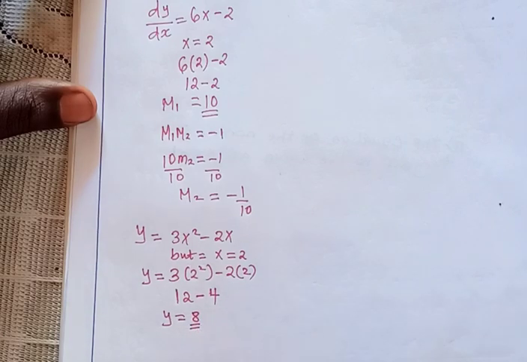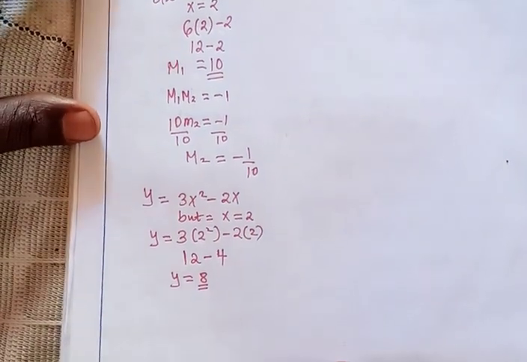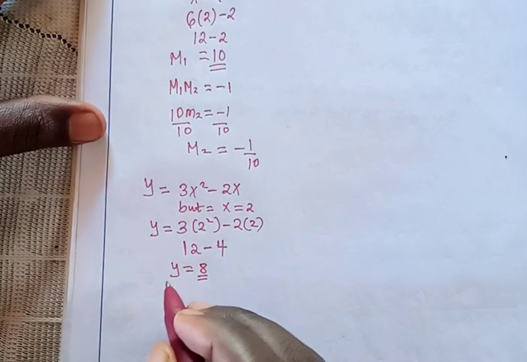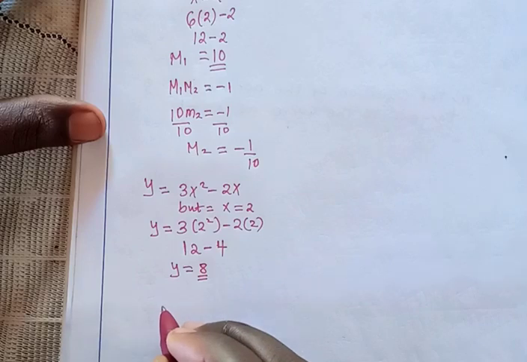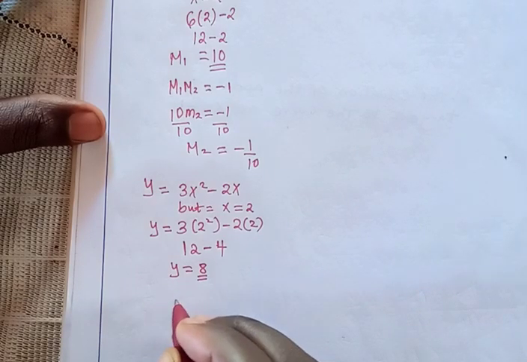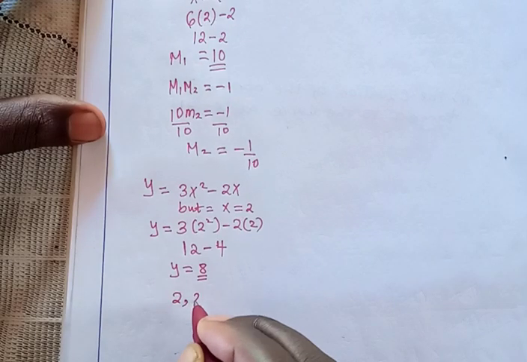So the point that is very important to us has the coordinates x as 2, y as 8.